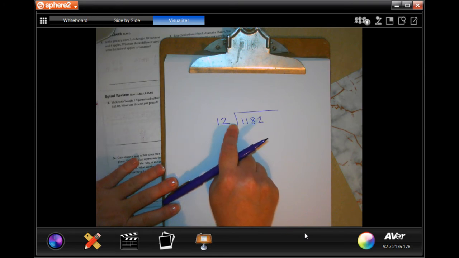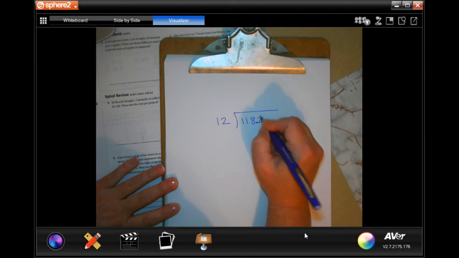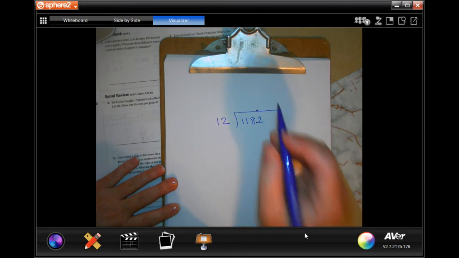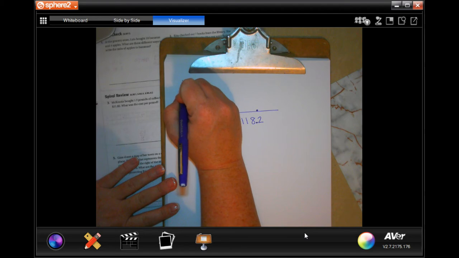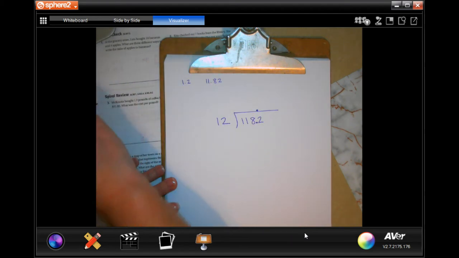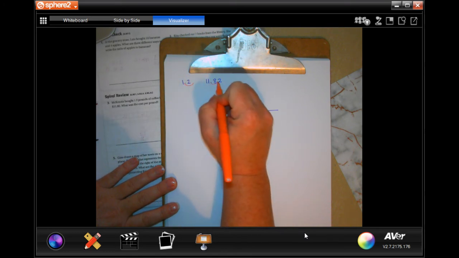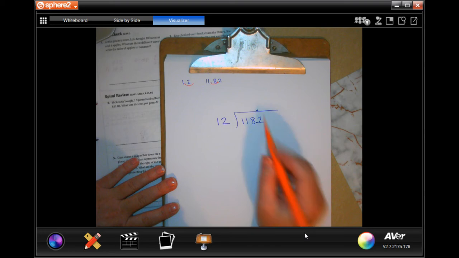So if I have to move it once, then that means I have to move it once in here too, which puts it right there. So you see how it was 1.2 and it was 11.82. Now I can't have a decimal outside, so I moved it once, there's my new decimal, goes straight up.